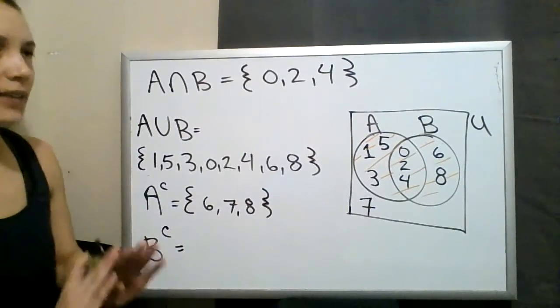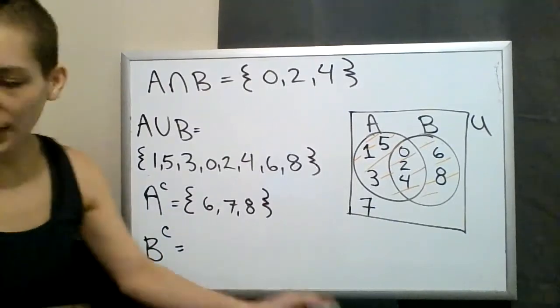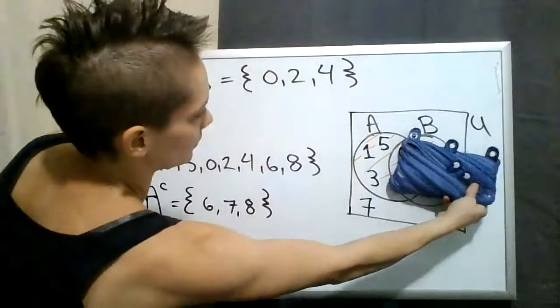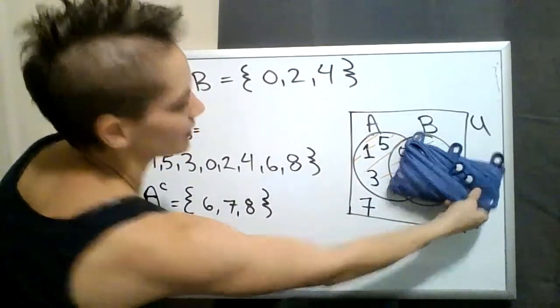Complement of B, everything outside of that set B: 1, 3, and 7.